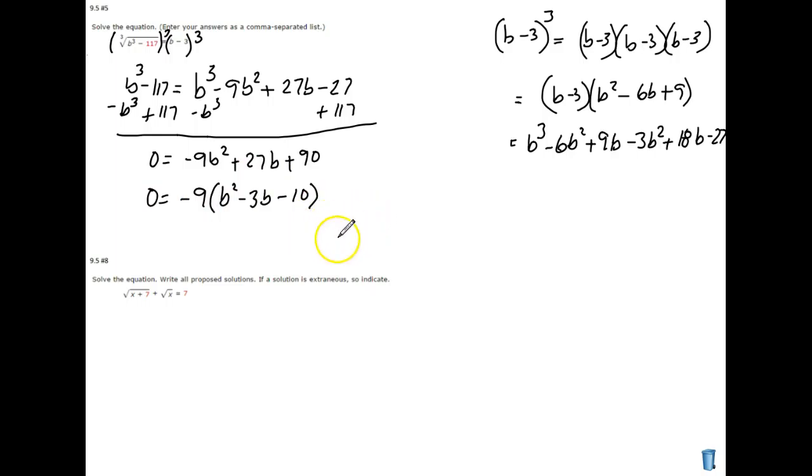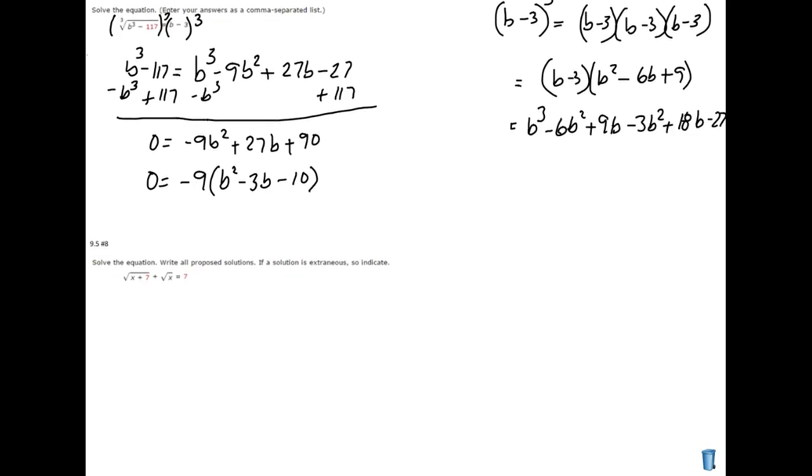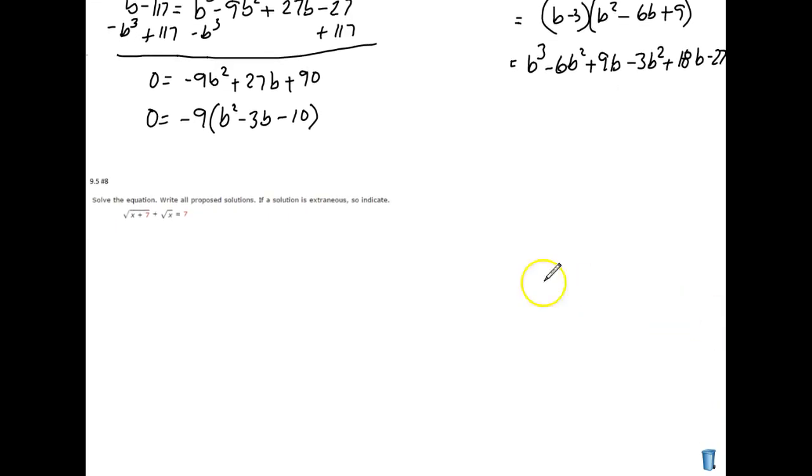B equals something, B equals something. Don't forget that in order to check that it's true, you have to plug them back into your original equation and make sure that they give you a true statement. If it's not a true statement, then that possible solution would be considered extraneous. So keep going on that one.